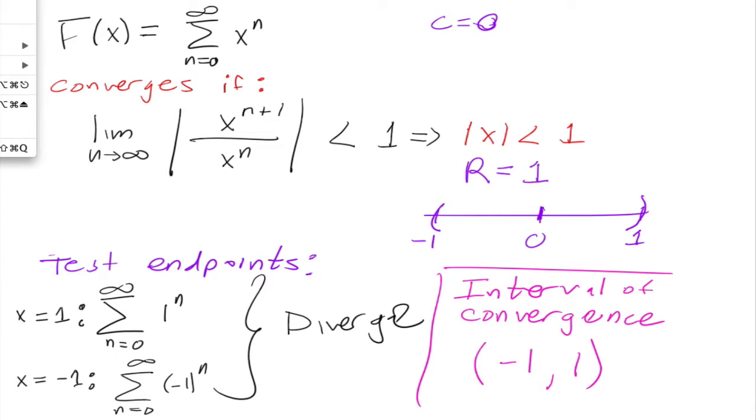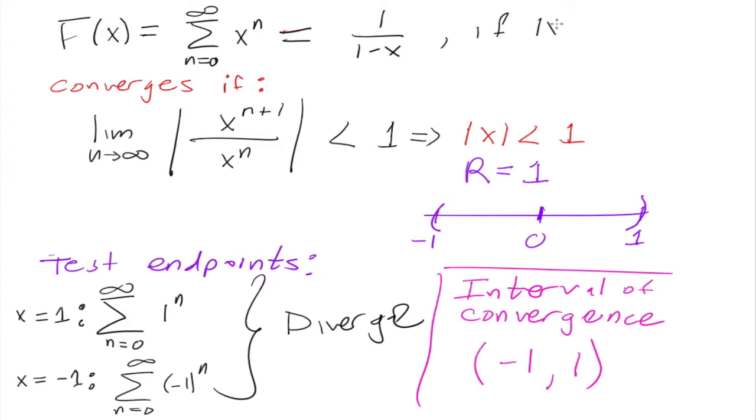Is there a way to graph it, like plug it into the calculator? Not really. Wolfram Alpha can do some of it, sometimes, a little bit. We will see some of these you can write explicitly. This particular one, we actually know what this is equal to. What is that series equal to? 1 over 1 minus x, if the absolute value of x is less than 1.